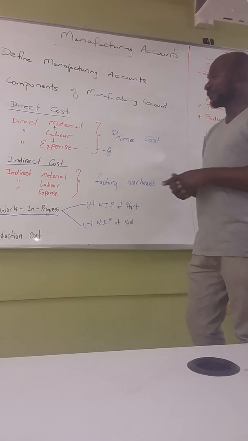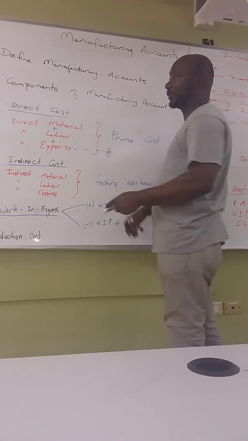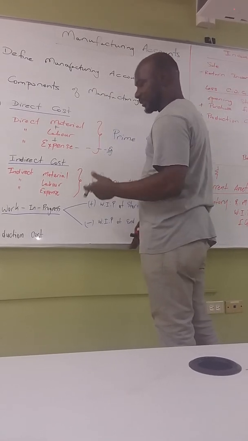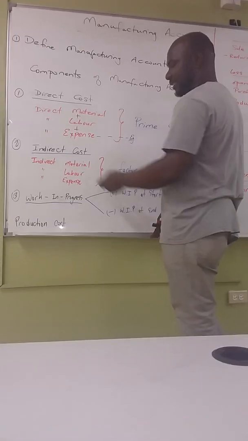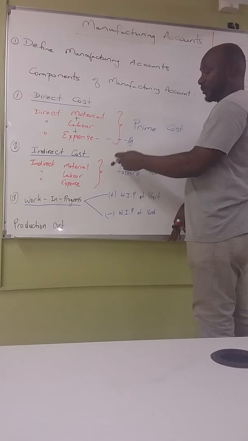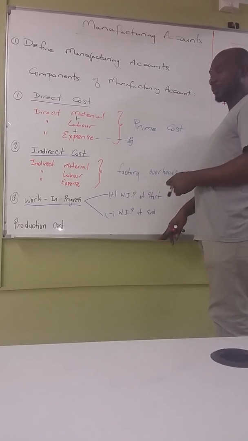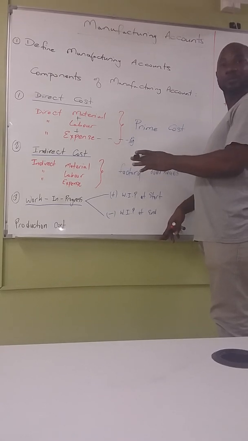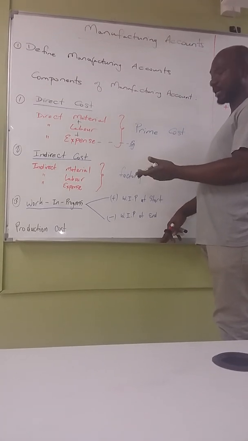Now take, for example, if you're still in the furniture business, indirect material could have been, for example, the sandpaper that they purchase. Now these sandpapers are used to smooth down the board, to smooth down the dresser, or to smooth down the bed.